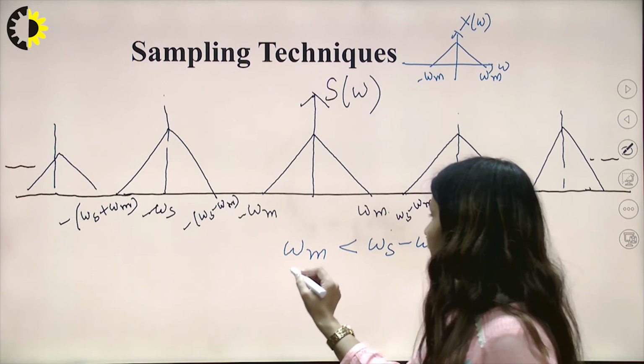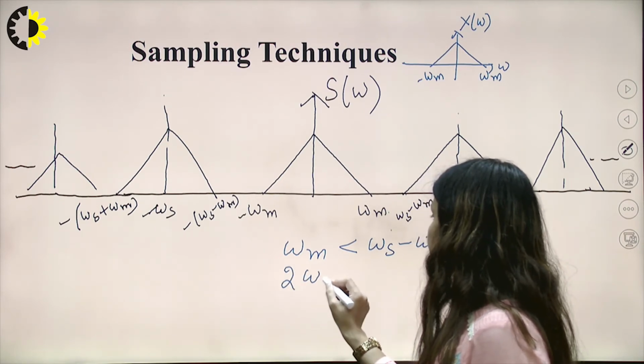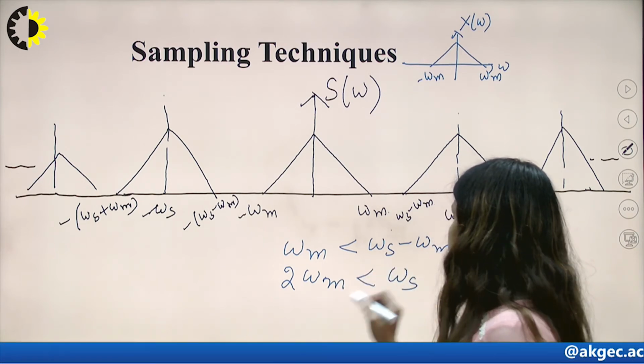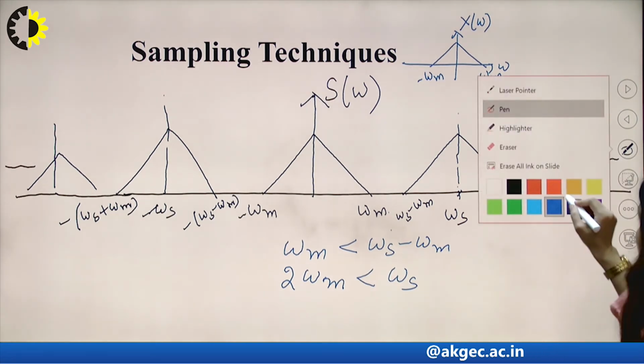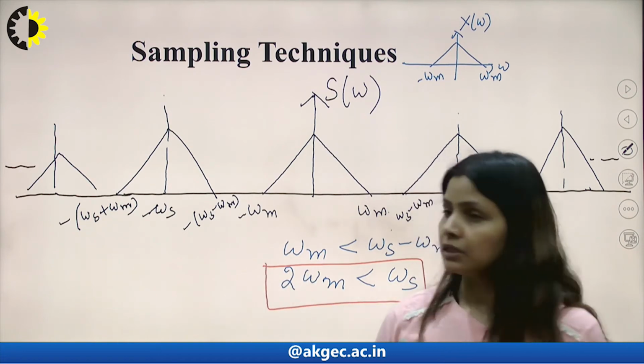That means 2 omega m is less than omega s, and this is what Nyquist said.